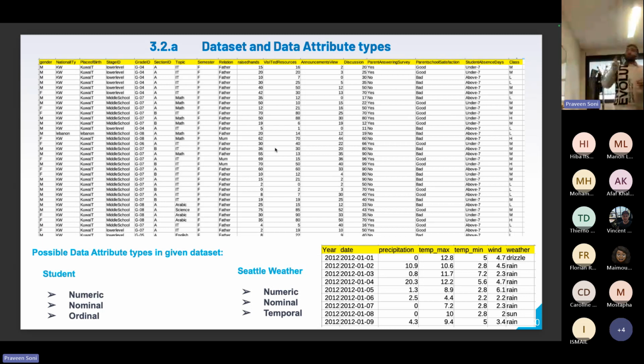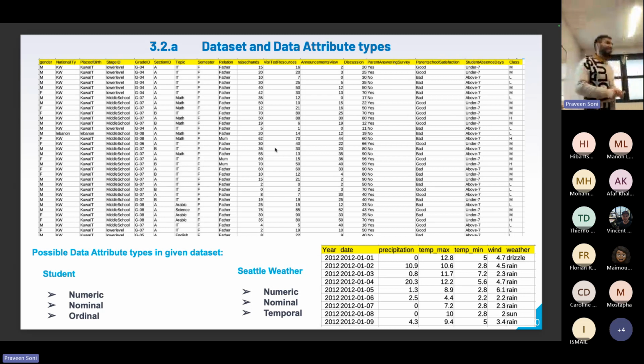Okay. Then nationality. Nominal. Good. Place of birth. Good. Stage ID maybe. Nominal. Stage. We can say in grade 9. Here. It's ordered. Ordinal. Exactly. So those at the back, you also have to answer the questions. Okay.